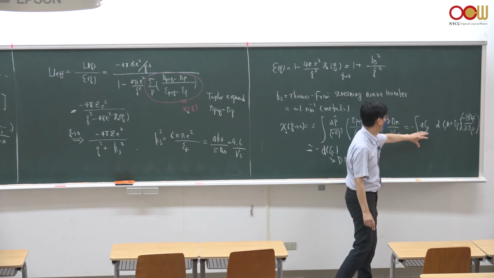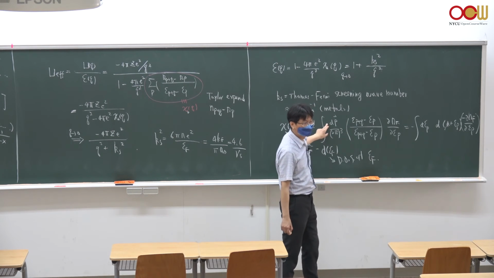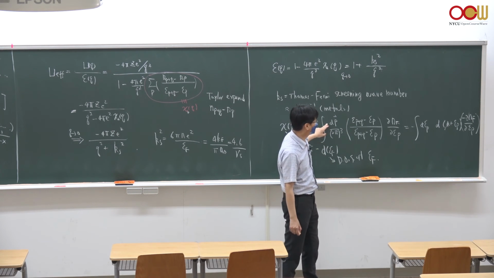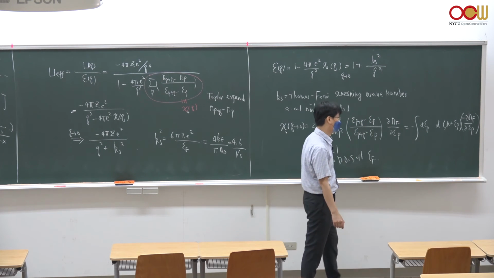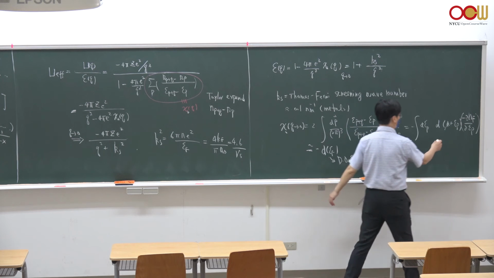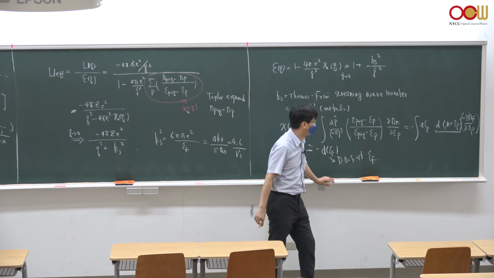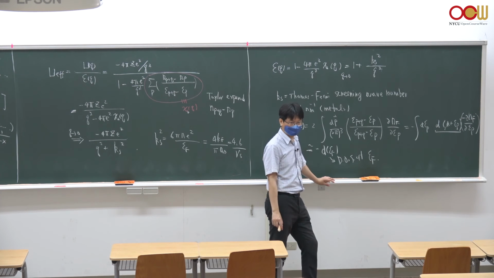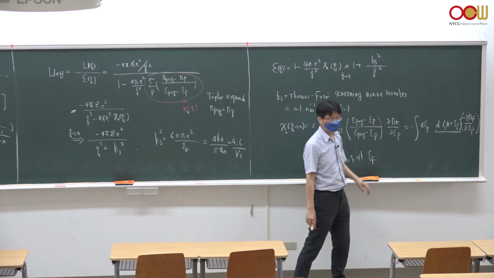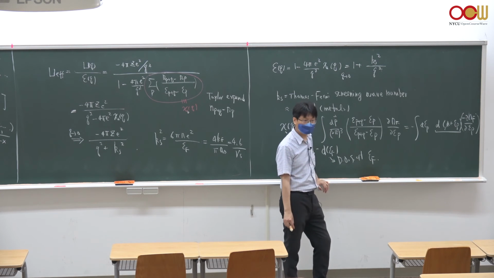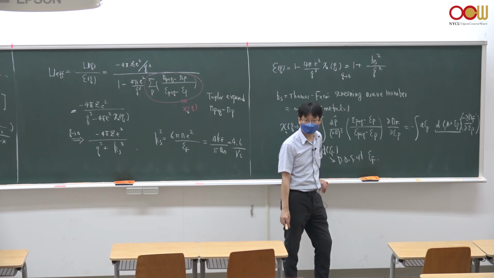And now you can evaluate this over the entire energy by converting this momentum integral into an energy integral. The conversion differs by a factor of the density of states. That change of variables from the momentum integral to the energy integral can be found in your Introduction to Solid State 1.